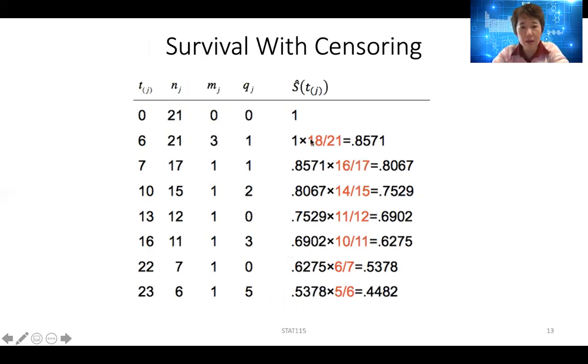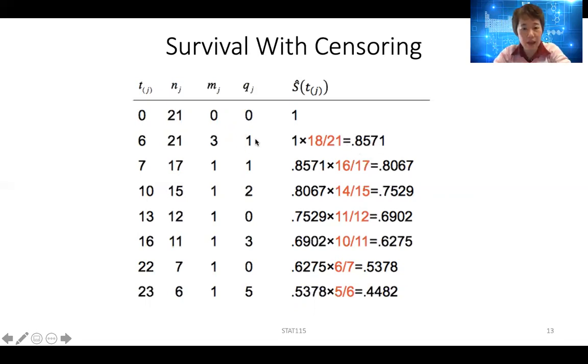And so in survival, if we consider censored data, in this case, initially, yes, we did have 21 patients. At this time point, we know that 3 patients died. And so you can calculate the probability of the survival in here.